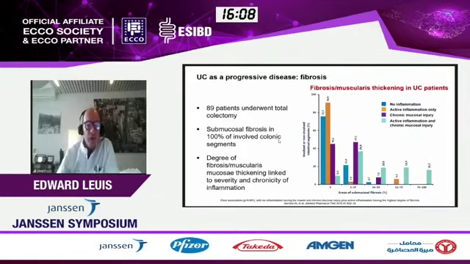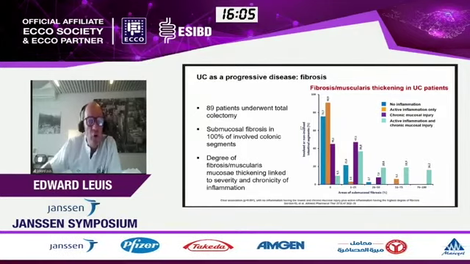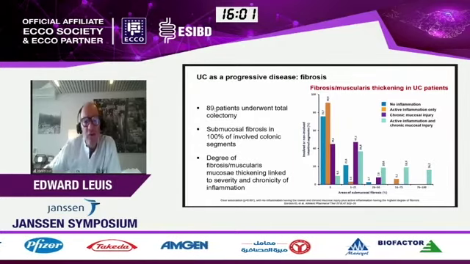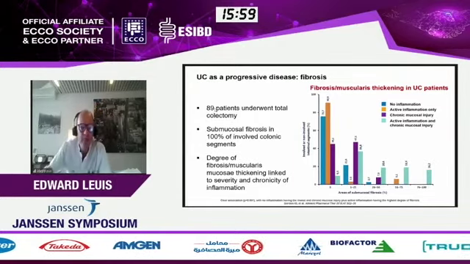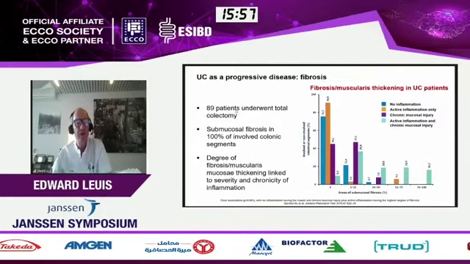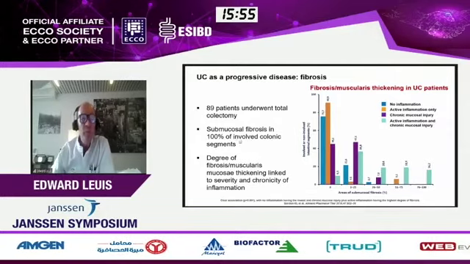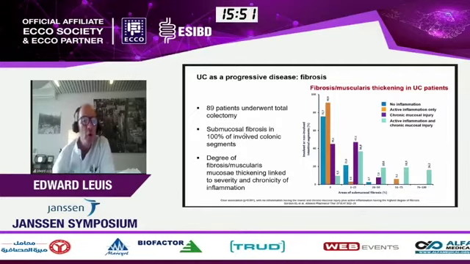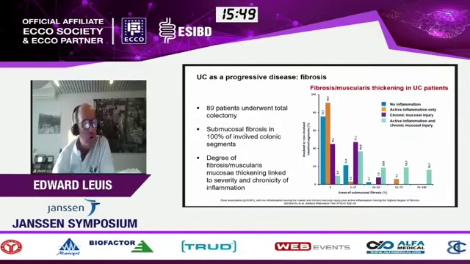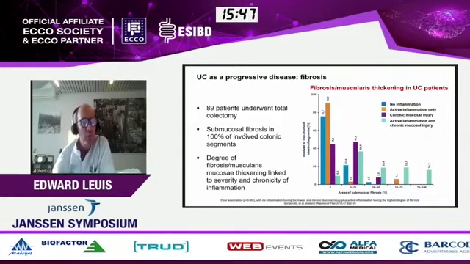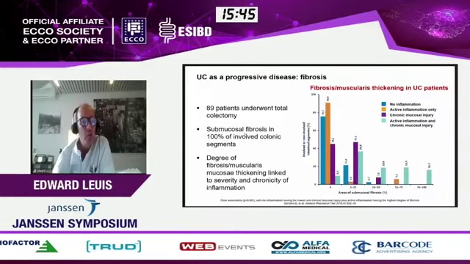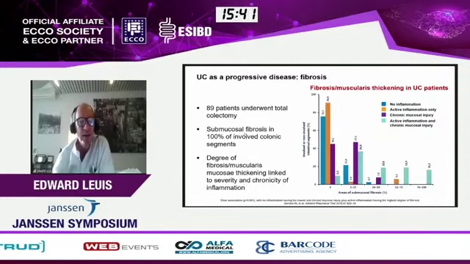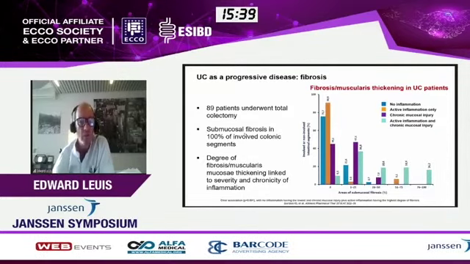And this is a very nice study published 2 years ago on around 90 surgical specimens of colectomy, highlighting the fact that in those specimens, most of them, 100% actually, had submucosal fibrosis. So there is no stricture simply because the fibrosis is only in the mucosa and the submucosa. But as we are going to see in a moment, it has also consequences on the function of the colon.